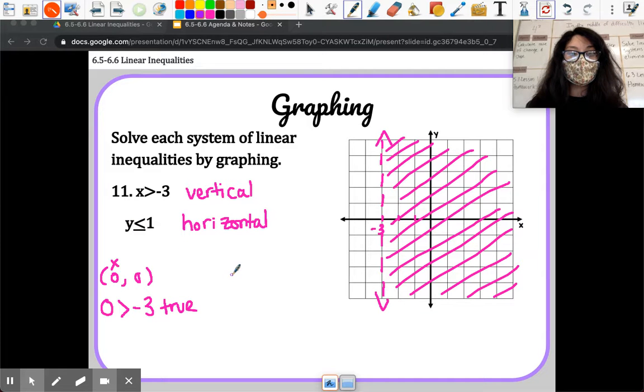Y is less than or equal to 1. So you're going to find +1 on the y-axis, because that's the variable in our inequality. And I'm going to draw a solid line, a solid horizontal line. It's got to be solid here because my inequality has a bar underneath. Whoops, let me try that again. That's a little messy. There, that's better. And you could do something similar to what we did for the x inequality.